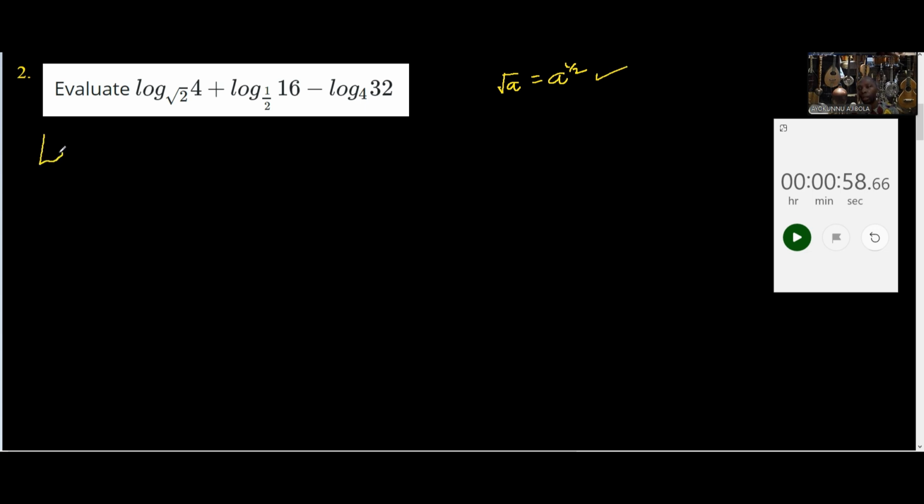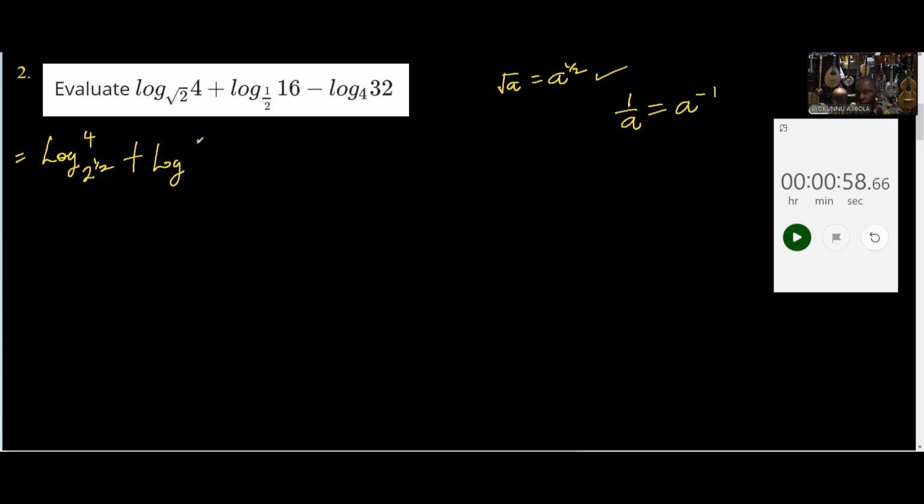So log of this becomes log 4 base 2 raised power half. Take note because of the one that I explained at the top. Then plus log. Remember from indices also, when you have 1 over a, it is the same as a raised power minus 1.